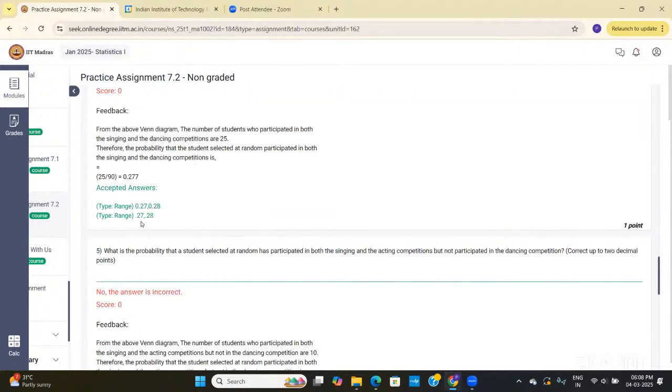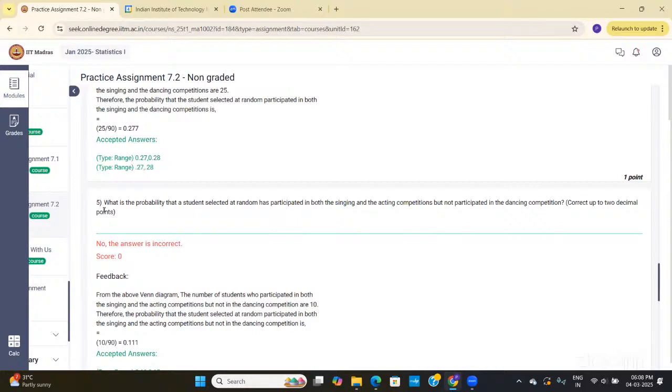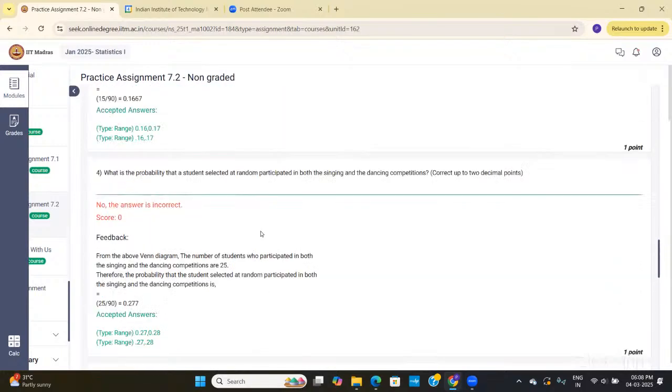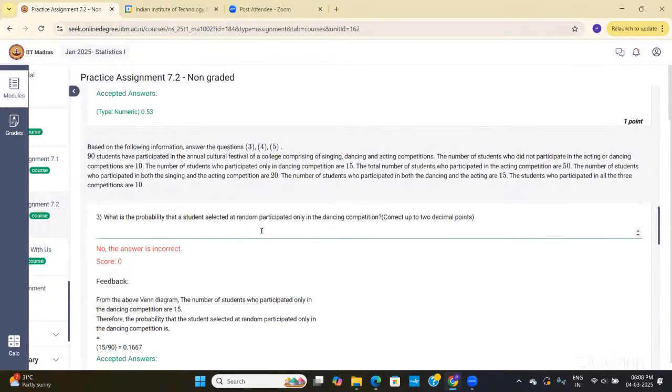Question number 5 is: what is the probability that a student selected at random has participated in both singing and acting competition, but not in the dancing competition? So let's make the Venn diagram first. You can see that three things are there: singing, dancing, and acting.